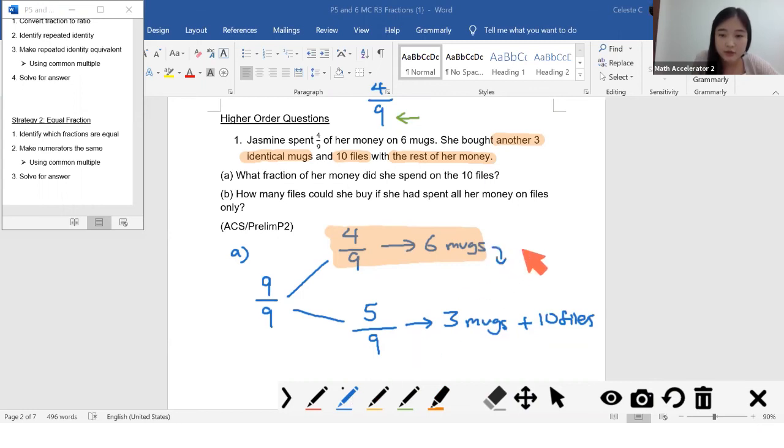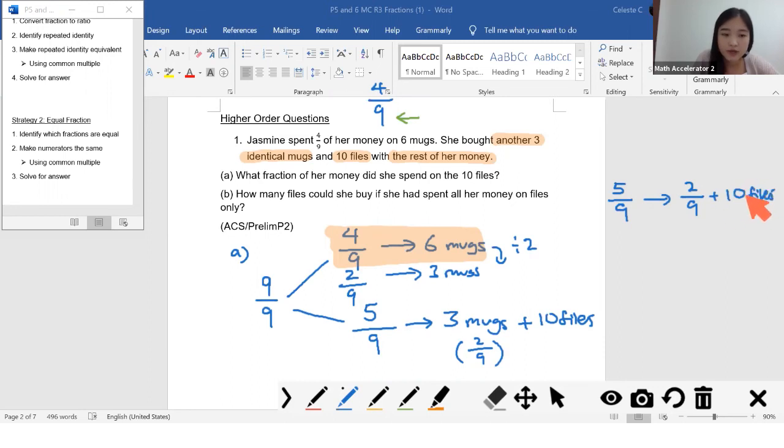Okay, divide by 2. So you will have 3 marks here and 2 out of 9. So 3 marks is 2 out of 9. Right, let me write it up here, there's no space. So 5 out of 9 is 2 out of 9 plus 10 files.